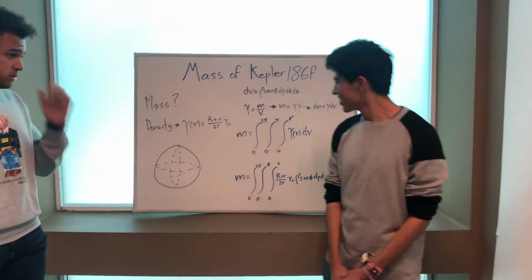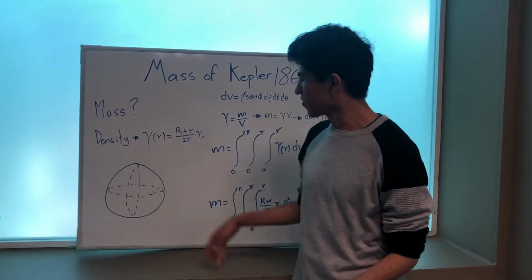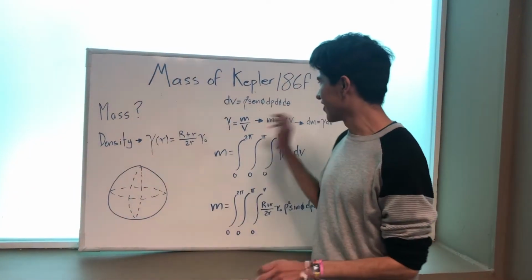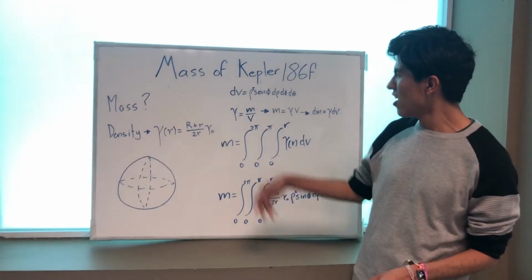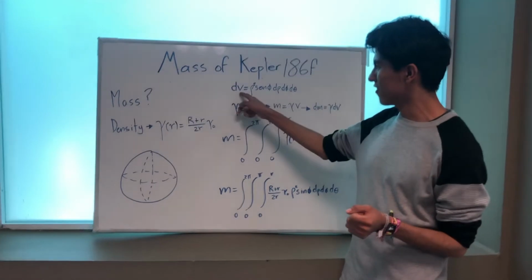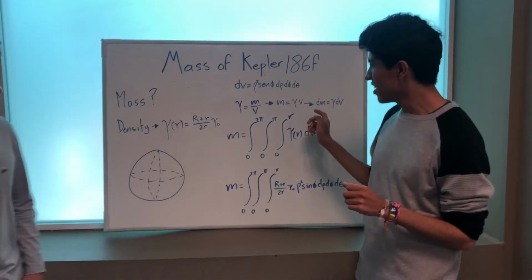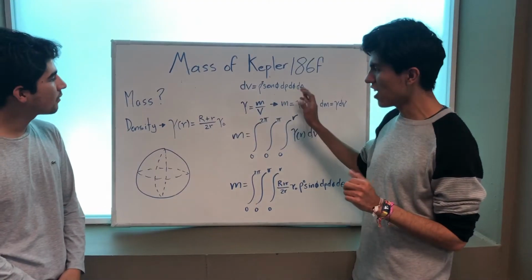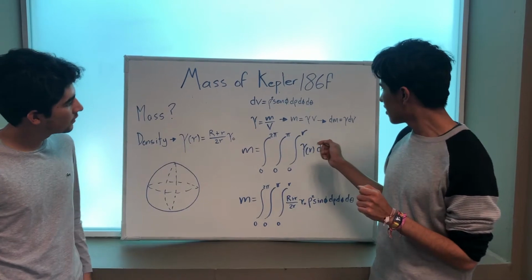Well, we know that Kepler is a sphere, so we related the sphere of the planet with the spherical coordinates. We used the formula of spherical coordinates, and we related the density with the formula mass divided by volume.